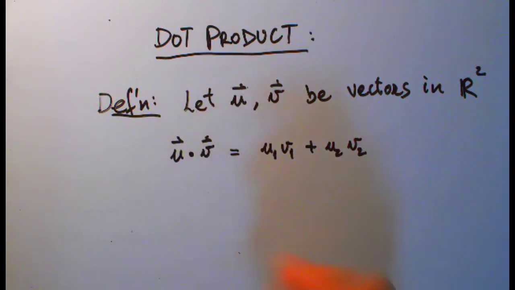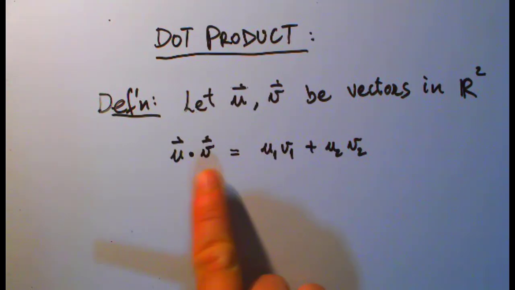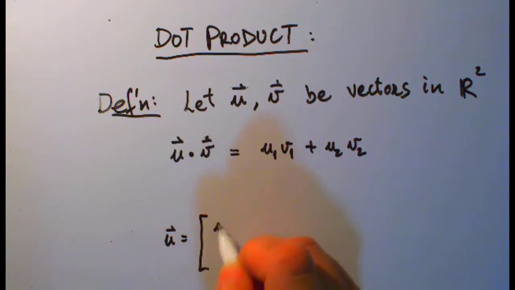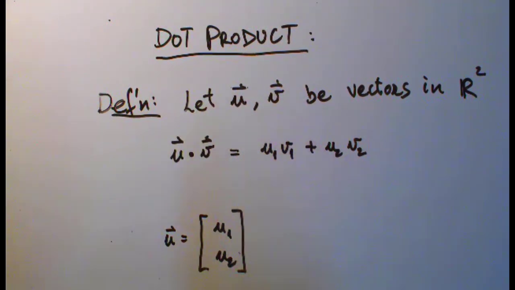So u1 and u2 in my formula are, remember, since vectors u and v are vectors in R2, the two components of your vector u. And so vector u is written as a column vector this way, where u1 is component 1 and u2 is component 2.